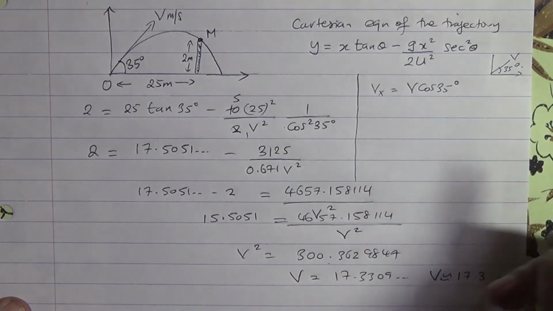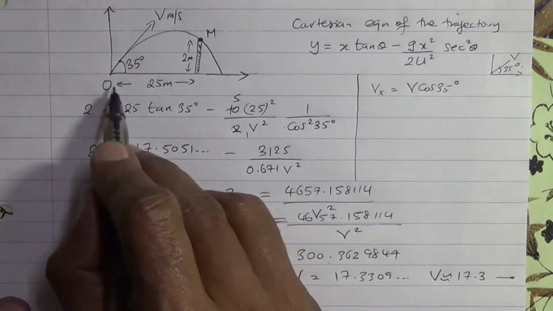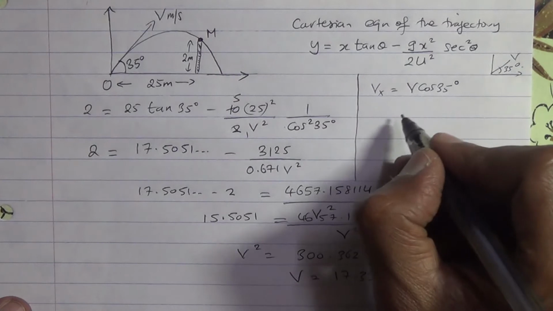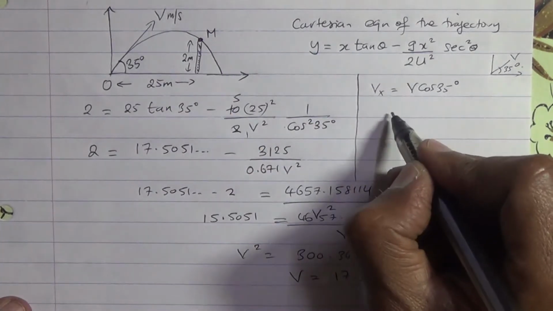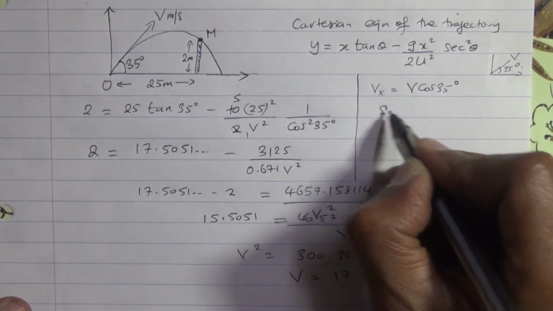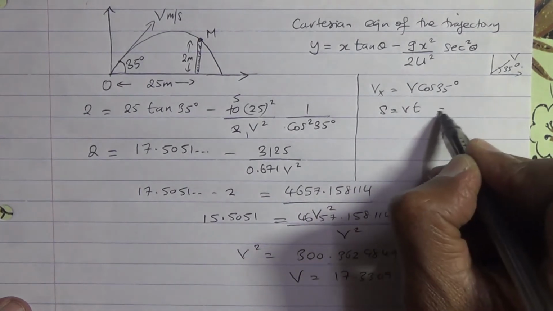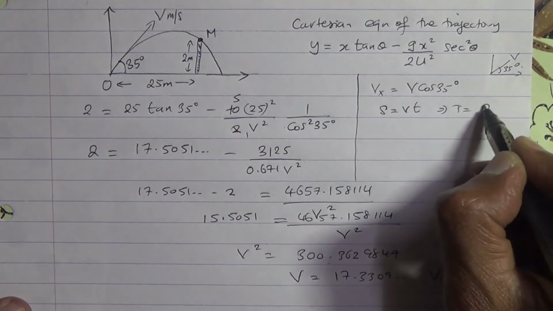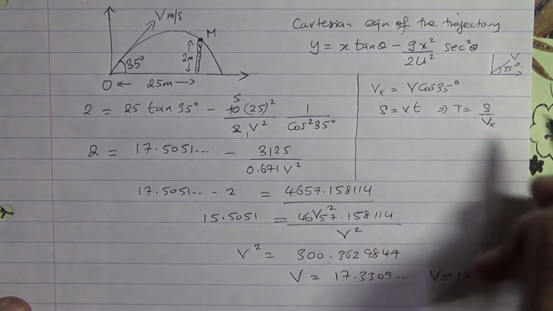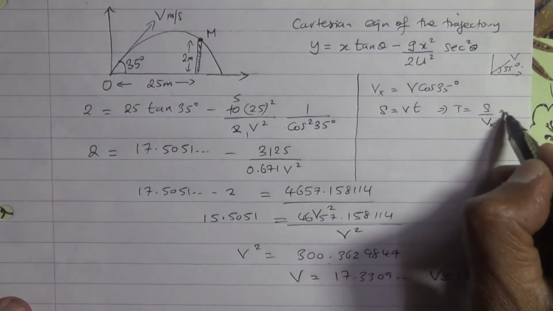Now this distance here, which is 25 meters, is the distance traveled by the object. So distance is equal to speed multiplied by time, so time is equal to the distance over the horizontal velocity, 25 over Vx.